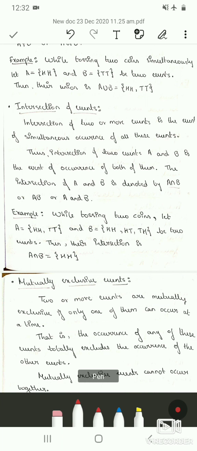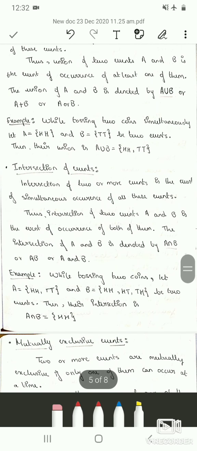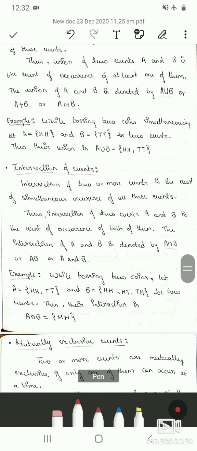So check for the common elements in both the events. So here head has occurred in both the events. Therefore A intersection B is head. So in union we have to take the sample points of both the events, but in intersection we have to take only the common sample points.